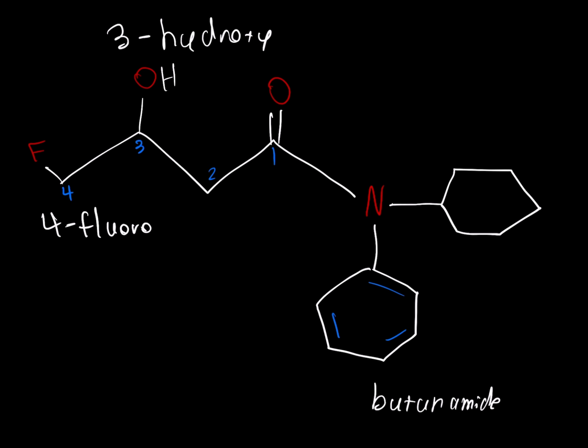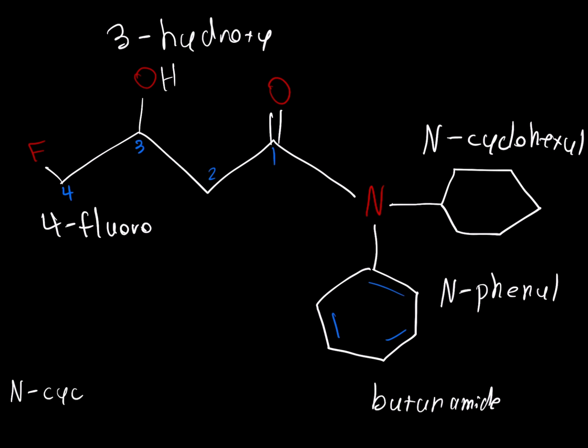And then on the nitrogen, we have a cyclohexane. So that's going to be an N-cyclohexyl. We also have a benzene ring on the nitrogen. So this would be N-phenyl. Now, how do we write these out in a name? We want to alphabetize them. So the first one that comes is going to be cyclohexyl because C comes before all of the rest of them in the alphabet. So N-cyclohexyl is how we're going to start this. Then we'd move on to 4-fluoro because F is next in the alphabet.